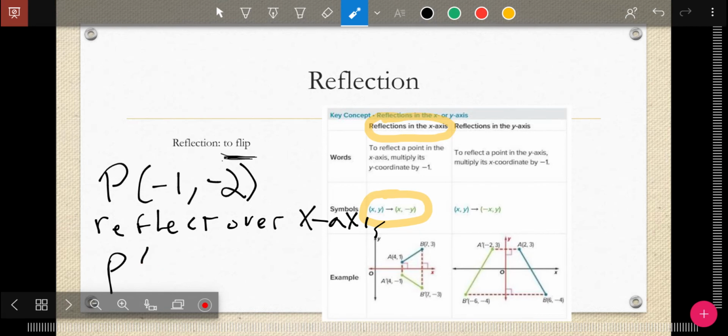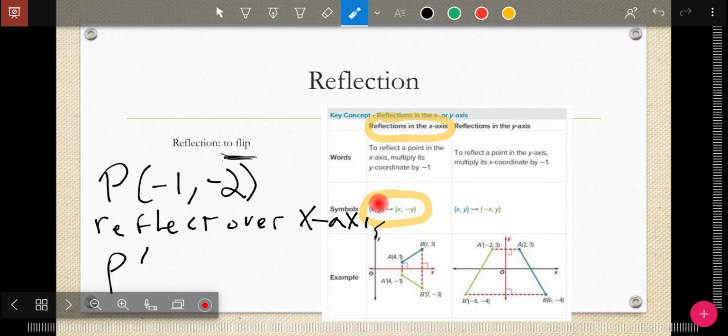If I'm looking at a drawing, and I have A and A image, I know A is the original one and A image is the new one. So this little mark right there means image, and that means it's the new one.